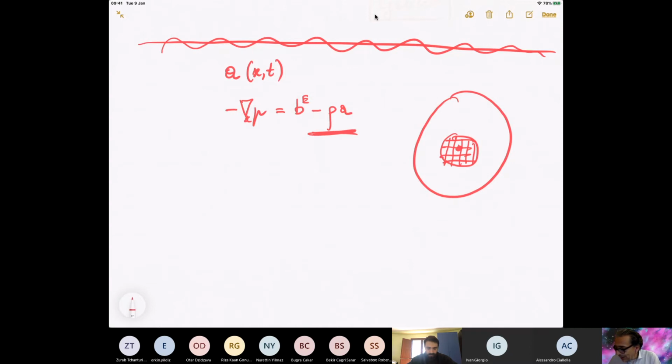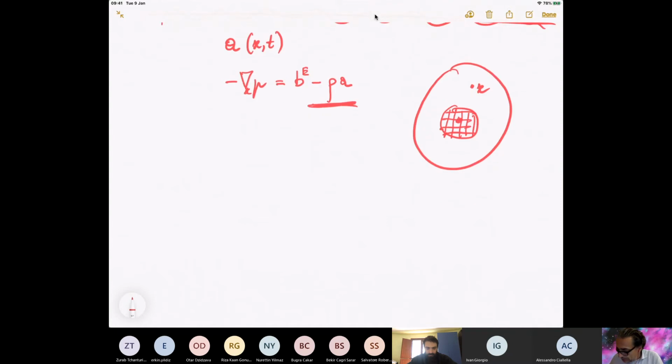So we need to define in every point small x the acceleration of the material particle which at instant t finds itself in small x.